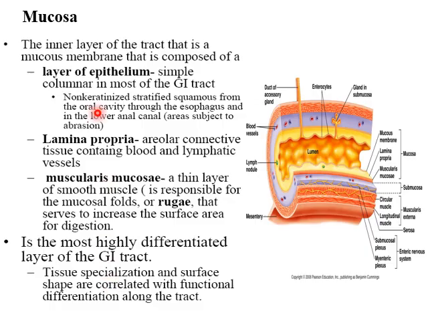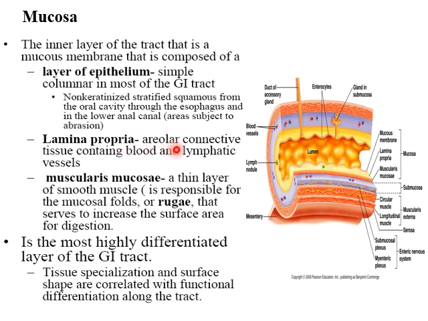So coming to the characteristics of the mucosa, this is the innermost layer of the tract, and it is composed of a layer of epithelium, which is usually simple columnar in most of the GI tract. However, it is subject to change in different areas. Then you have the lamina propria.